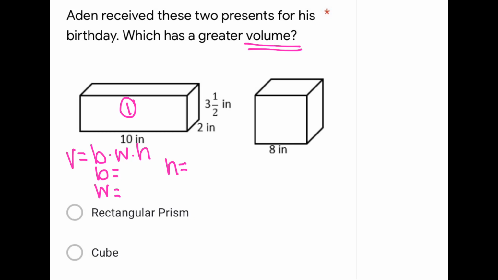Remember, to do your height, you're doing 2 times 3 plus 1. That will give you your new numerator. Your denominator always stays the same. I will let you figure out your numerator. Now you can go ahead and rewrite your base times width times height in fraction form.